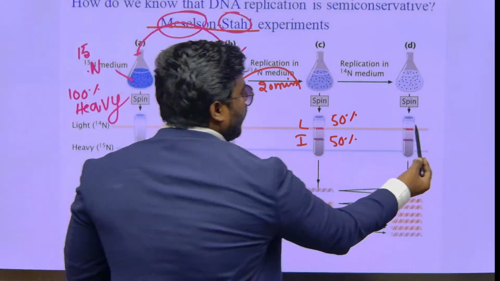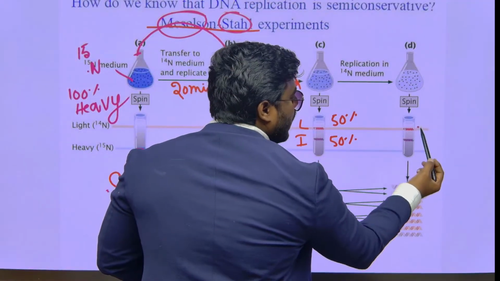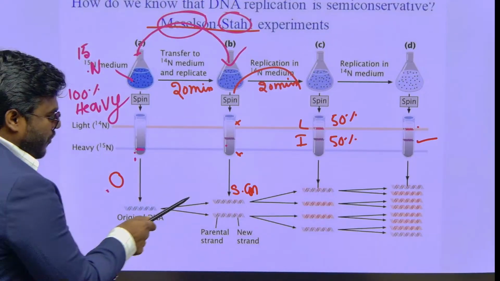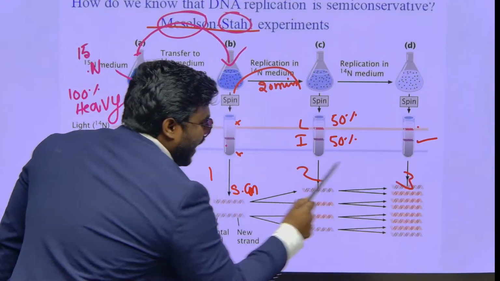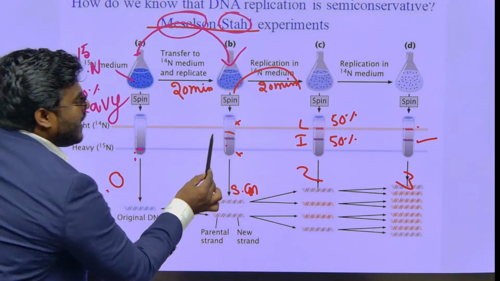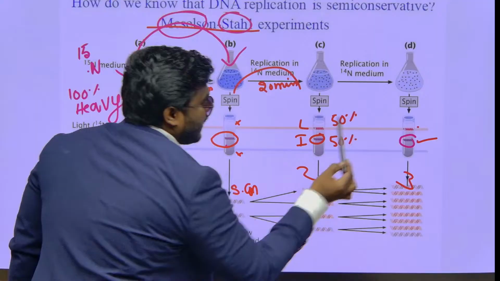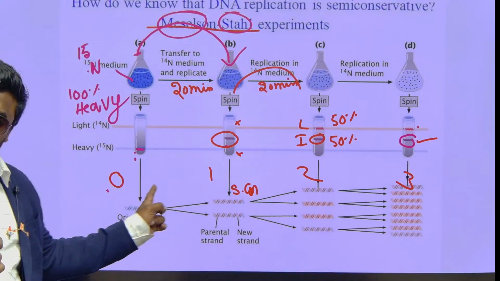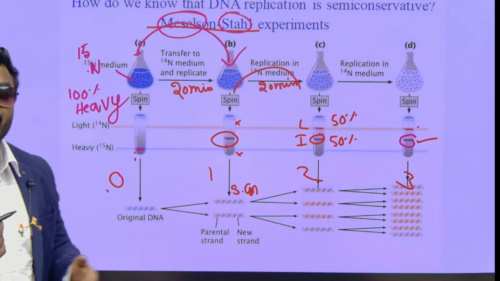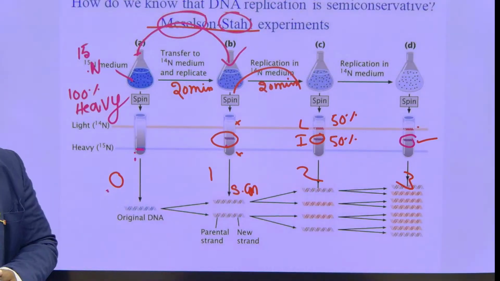Or we can say more and more light and intermediate. But can I give one statement? From generation 1, what is getting repeated every time? Intermediate is getting repeated, which means only the semi-conservative model is getting repeated. Correct na?